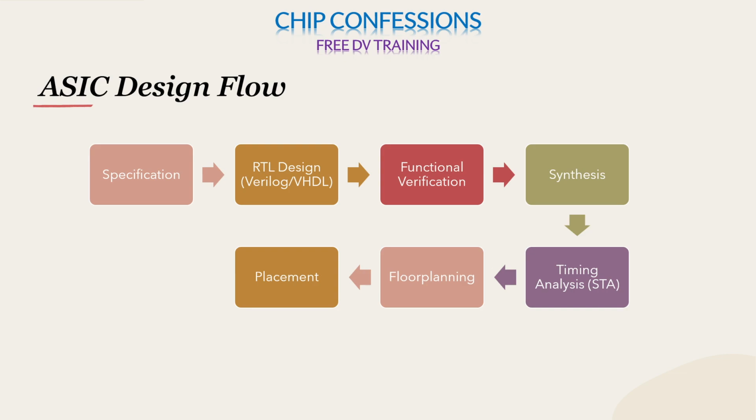That is nothing but your floor planning. You are planning here it should be there, here it should be there. And placement is nothing but you are actually placing it in the plan, and you are seeing how it looks. That is what placement does.